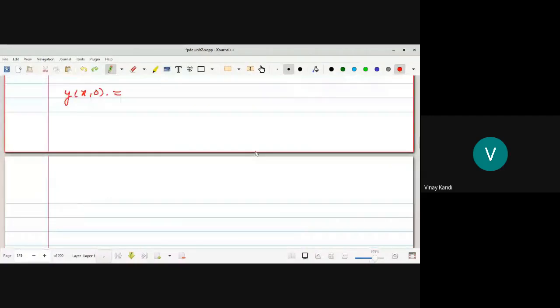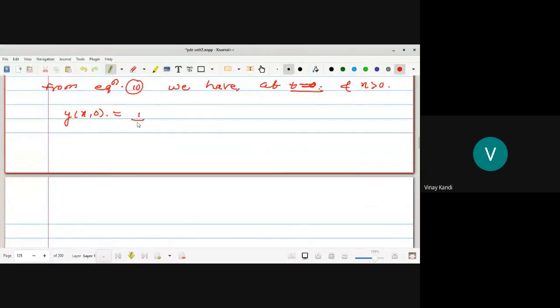Look at here. So y of x,0 is equal to 1 upon 2 into capital U of x plus capital U of x.